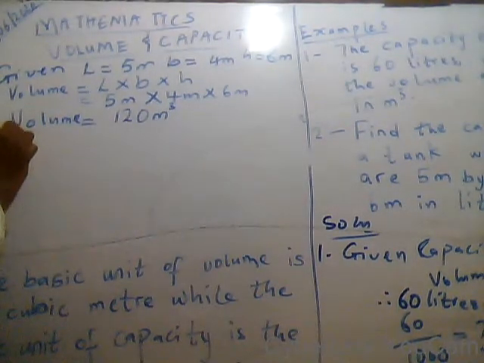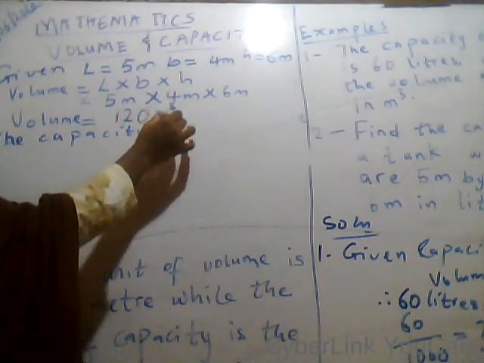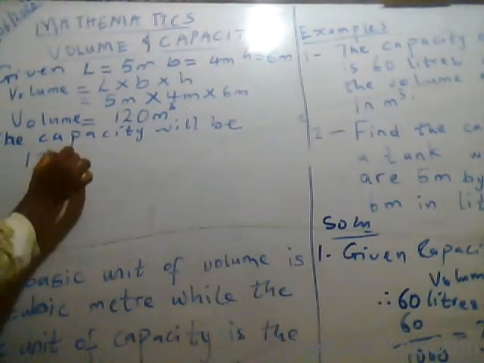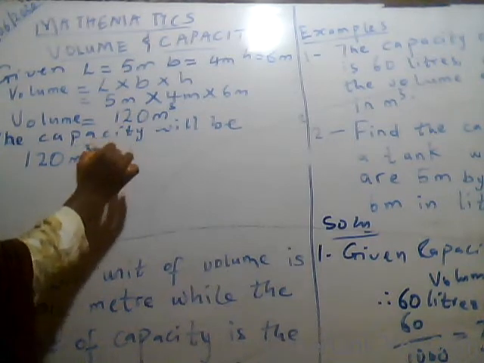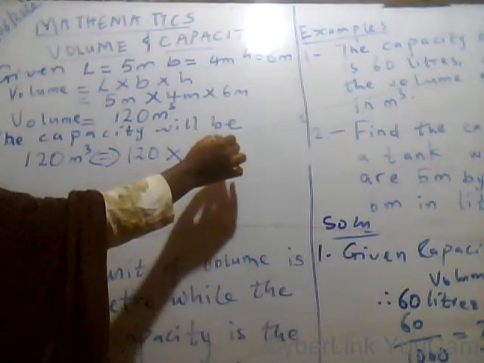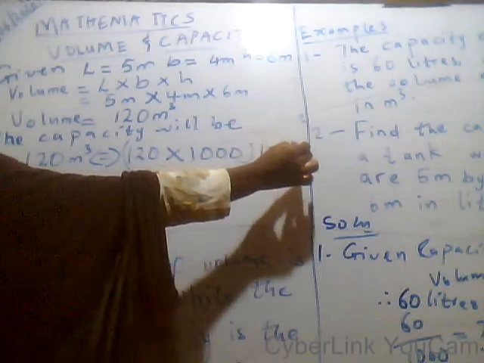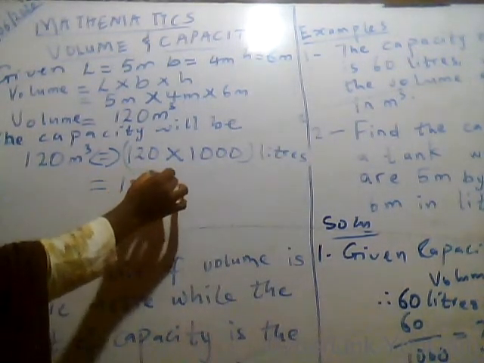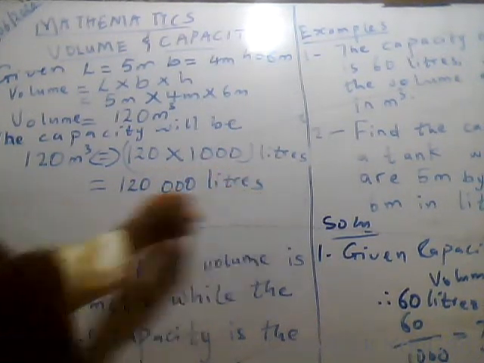Then the capacity will be 120 meter cube, that is 120 multiplied by 1000, all in liters. Our final answer will now be 120,000 liters. As simple as that.